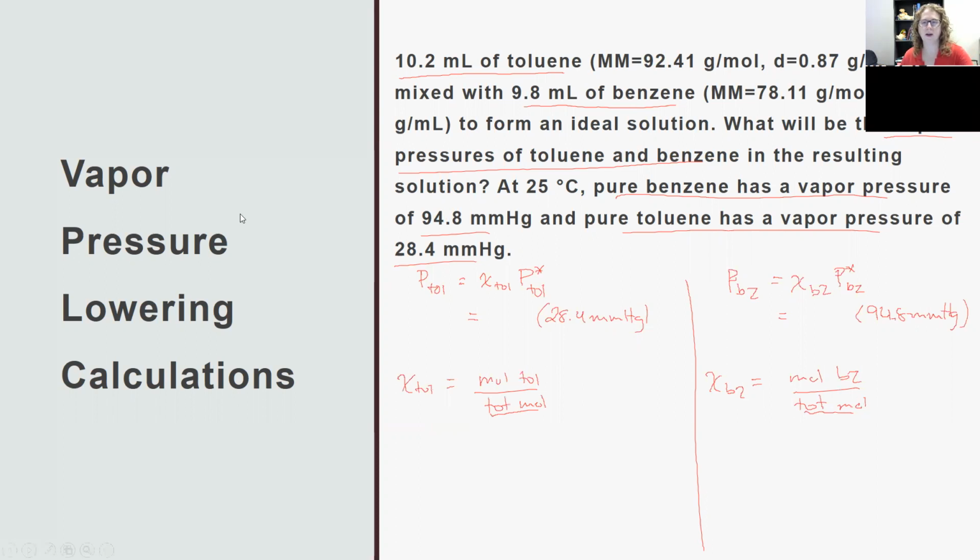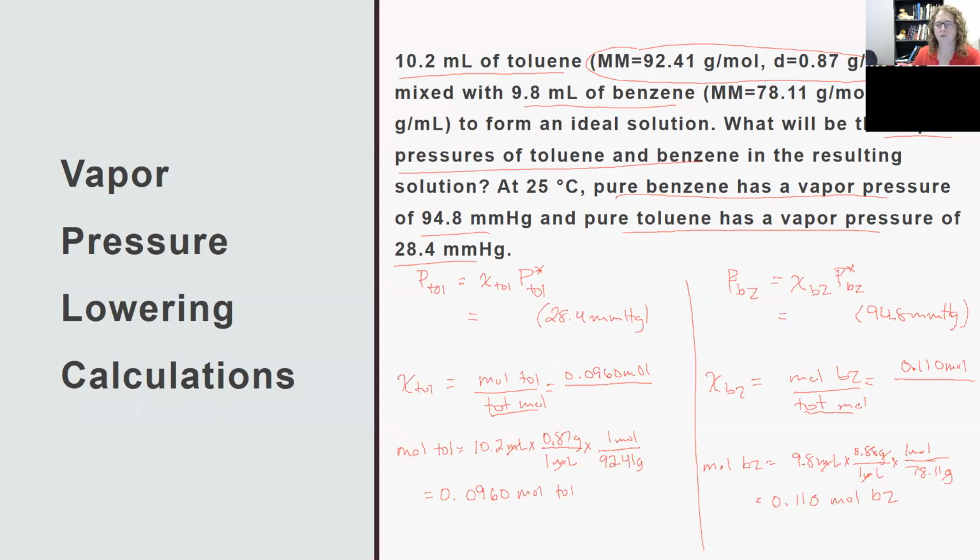So let's do a couple quick calculations and see what we can do. It's going to involve two pieces of information this time, molar mass and density. So let's see what happens. If you use the density and the molar mass as conversion factors, you'll find that you have 0.096 moles of toluene and 0.110 moles of benzene.